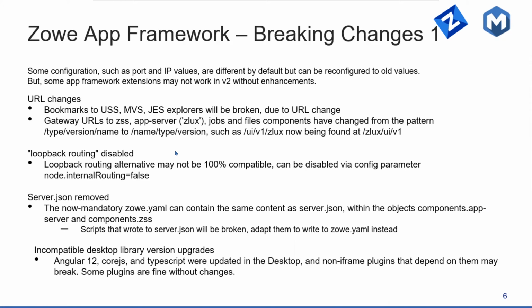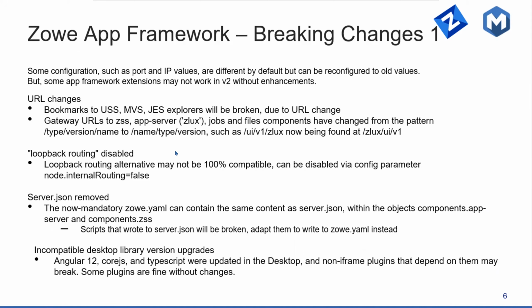Probably app server for simplicity, but yeah, you would need to update any scripts that you have to utilize Zowe.yaml instead of server.json. Or, and you'll hear more about this in the system squad meeting, there's a new utility ZWE in version 2, and ZWE will have a setter and getter, I believe.